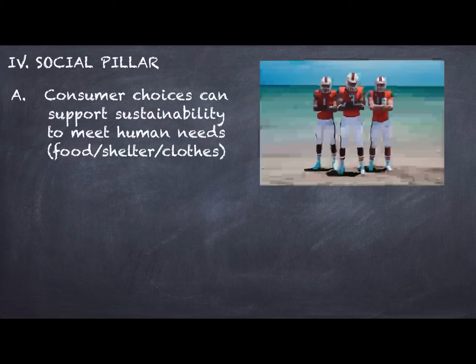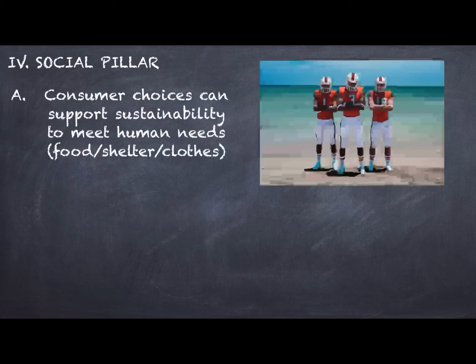Here's an example. Over to the right is the Miami Football Hurricanes, my college team. Two years ago when they opened up against LSU in Dallas, Texas, they wore a certain uniform. Adidas made the uniforms that you're seeing on the screen out of recycled plastics from the ocean.